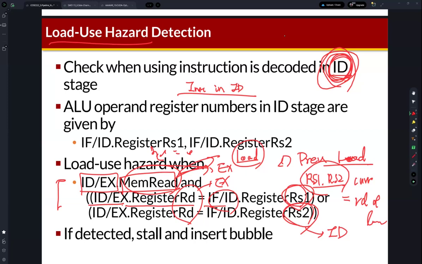This is the pipeline stall by the load use hazard. So I will repeat: the instruction in the ID stage stays in this ID stage for an additional 1 clock cycle. This is the pipeline stall.